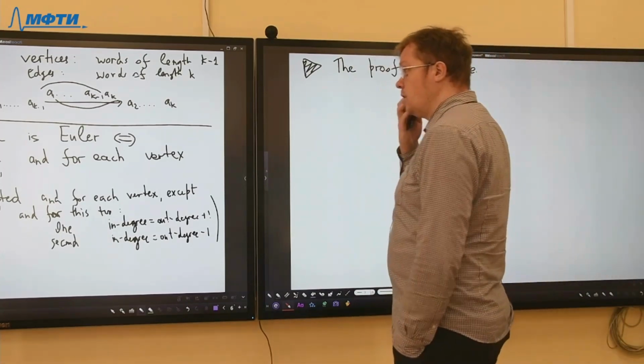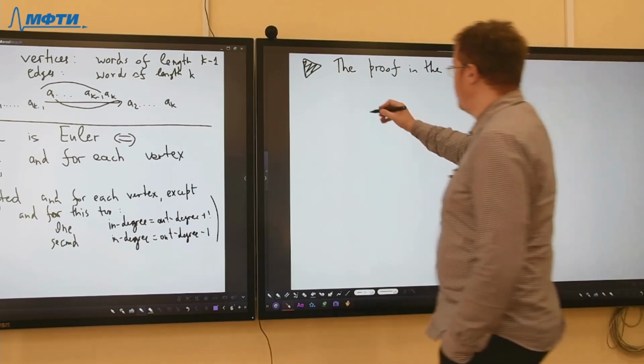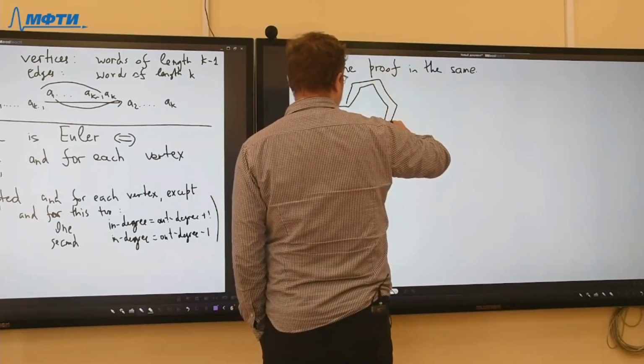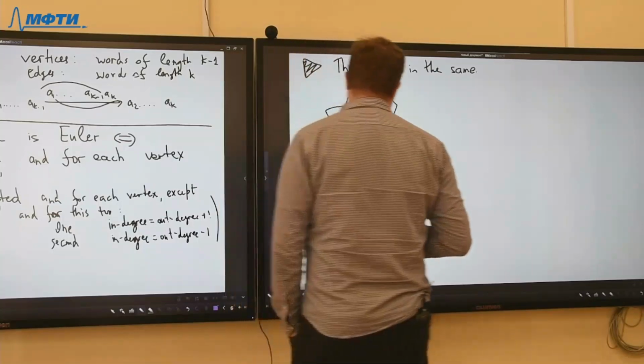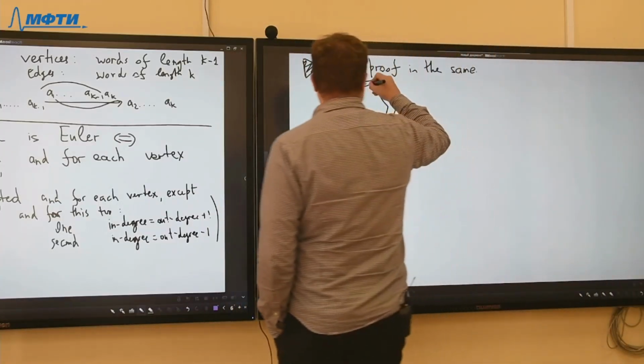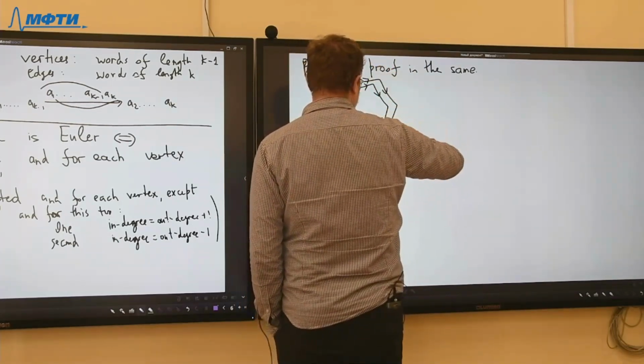Of course, if a directed graph is Euler, then it's connected, and if we look at that circuit, we can see that we enter and go out of each vertex the same number of times.